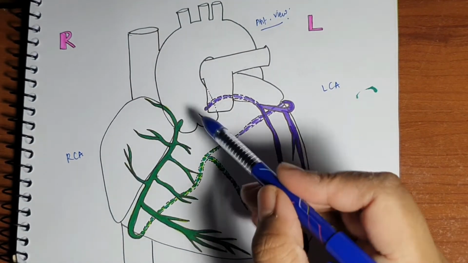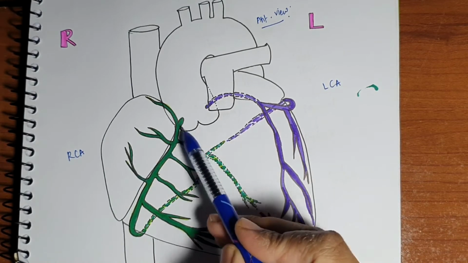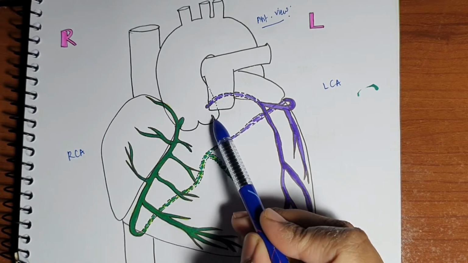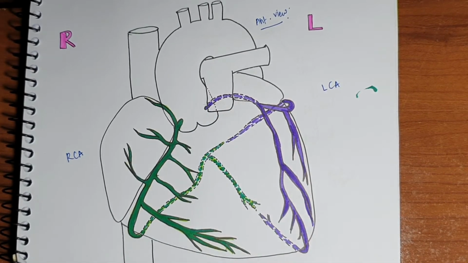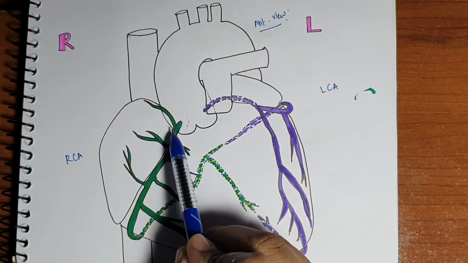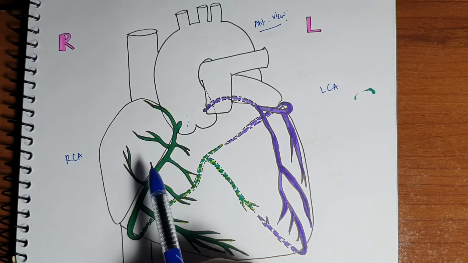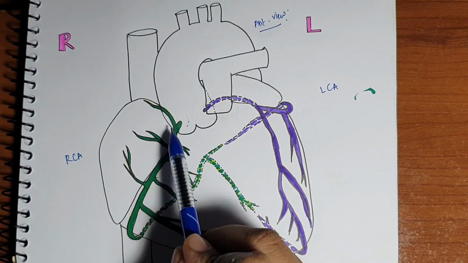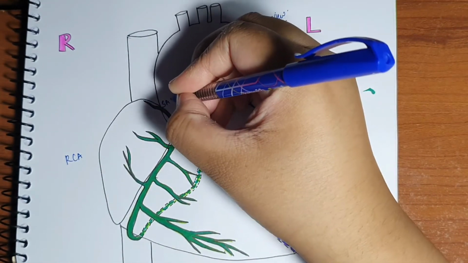Now as we have seen, the right coronary artery takes origin from the right aortic sinus. The left coronary artery takes origin from the left aortic sinus. Now near the origin of the right coronary artery, it gives out a branch to the sinoatrial node, and this is called the SA nodal branch or the sinoatrial nodal branch.